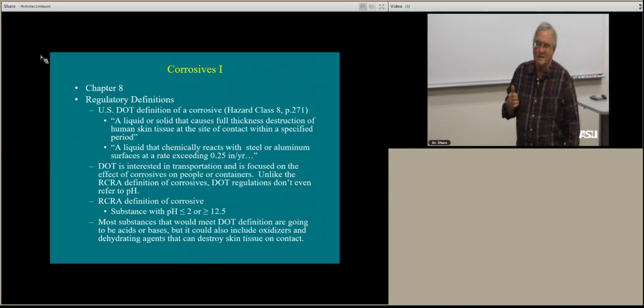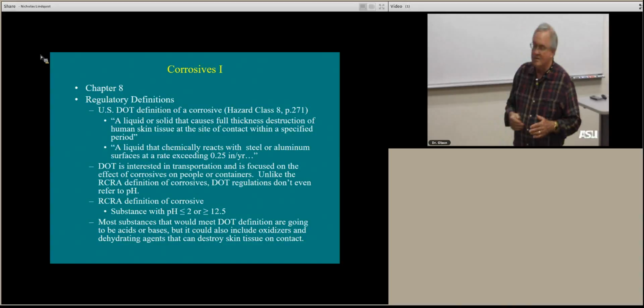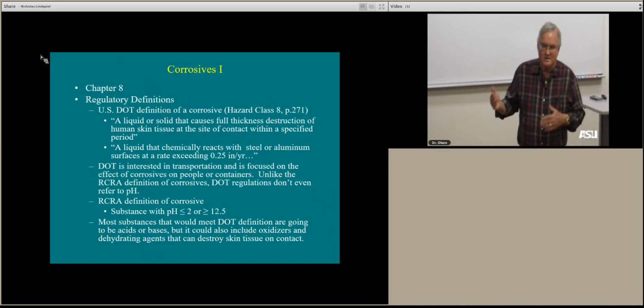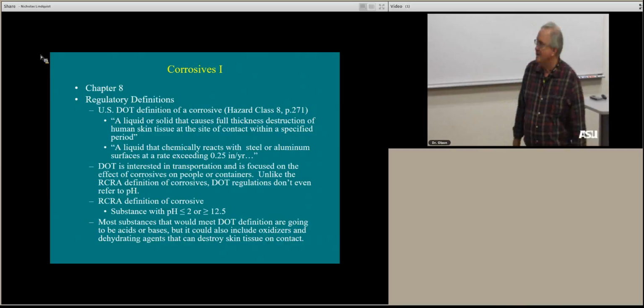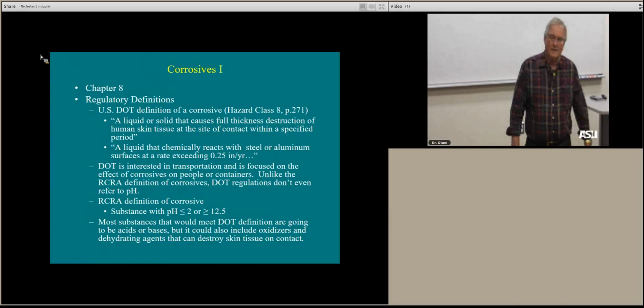So RCRA talks about a corrosive as something that has a real low pH, meaning it's an acid, and they define that to mean something that has a pH less than or equal to 2, or a real high pH, meaning it's a base, with a pH greater than or equal to 12.5. So on the ends of the pH scale.